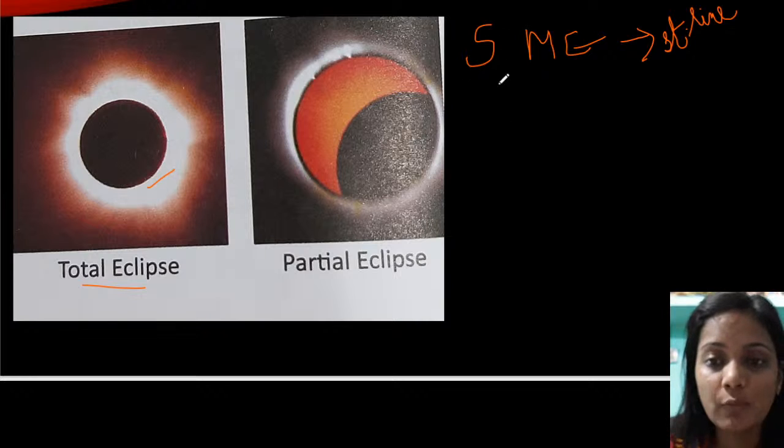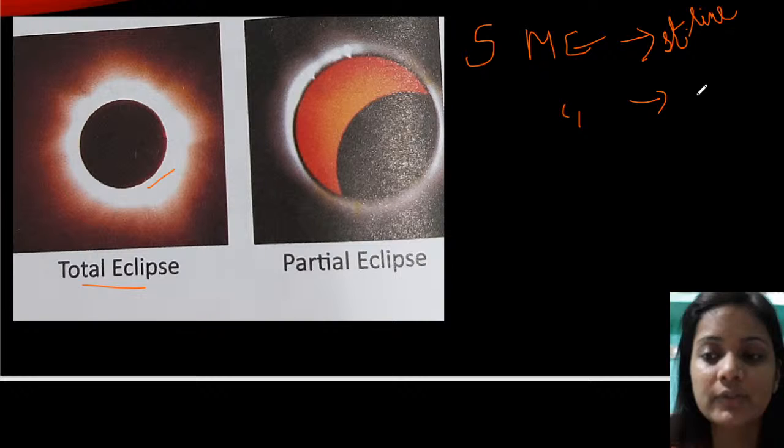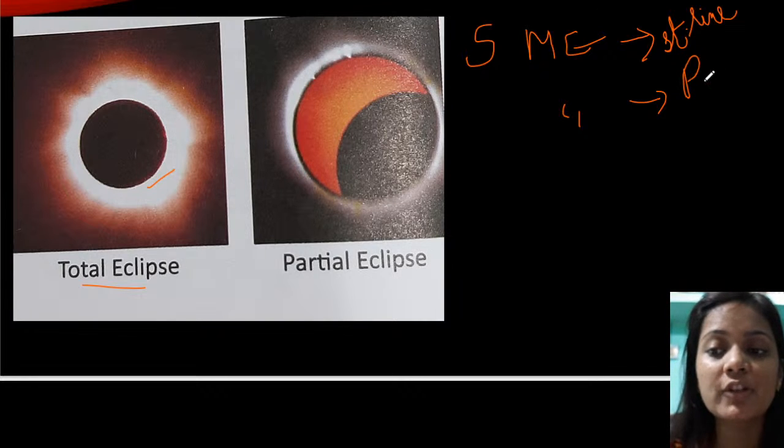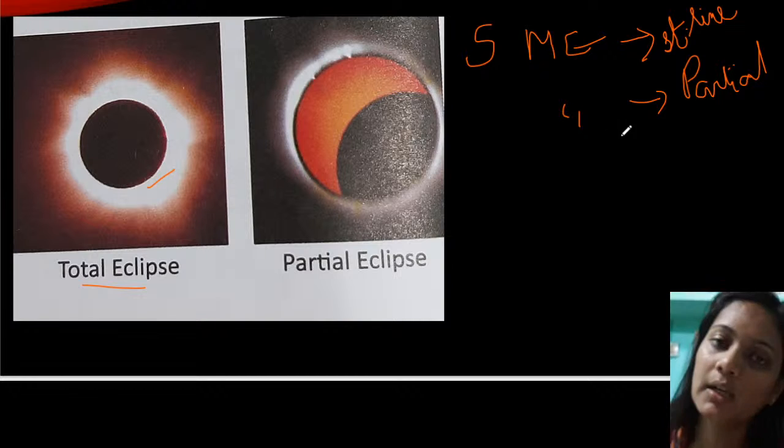But when these three are not arranged in a straight line, then we can say a partial solar eclipse occurs. So it is very important to know when a total solar eclipse occurs and when a partial solar eclipse occurs.